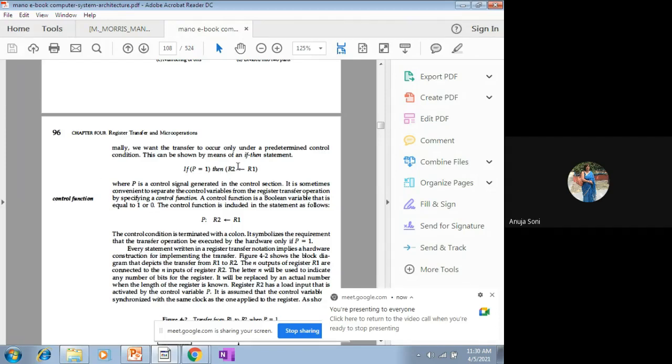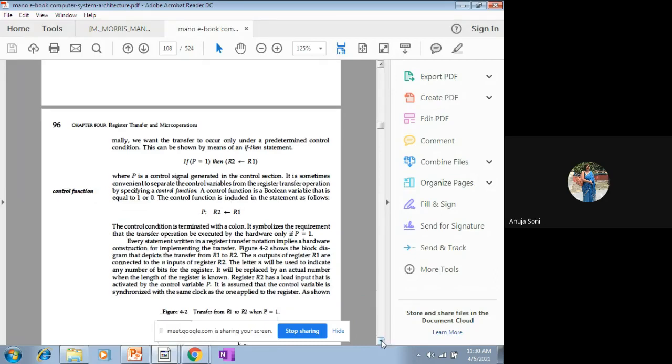In another way it can also be written as P colon R2 gets R1. The contents of R1 will get transferred to R2, and the value of P can either be 0 or 1. Whenever its value becomes equal to 1, then only this register transfer statement takes place. So this is one example of a register transfer statement.